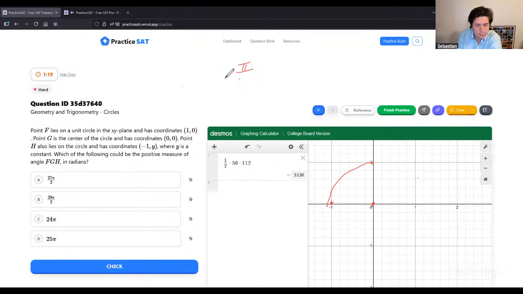FGH. Positive measure of angle FGH in radians.